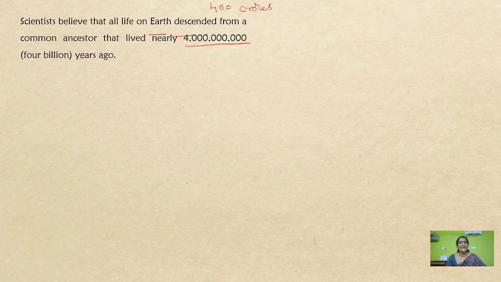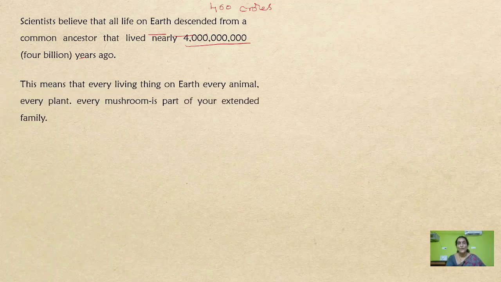4 billion years ago. 400 crores years ago, all the life, whether it is a plant or animal, we all have evolved from common ancestor. How many years back? 400 crores years back.